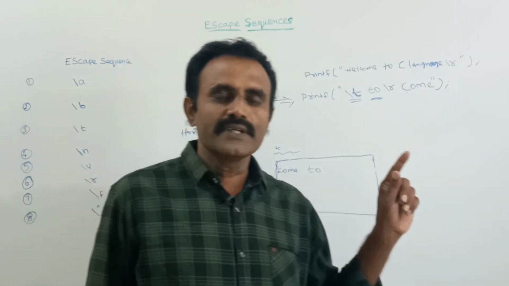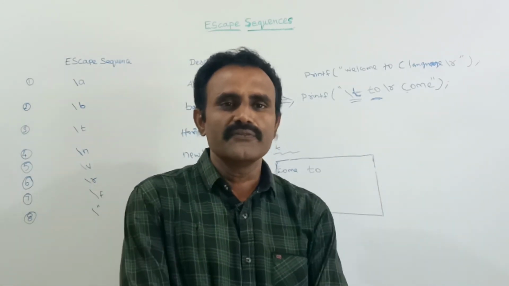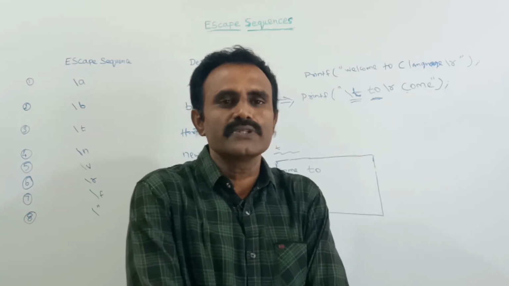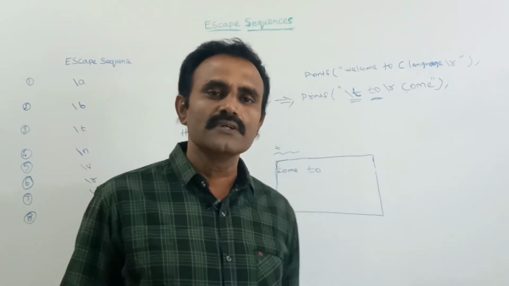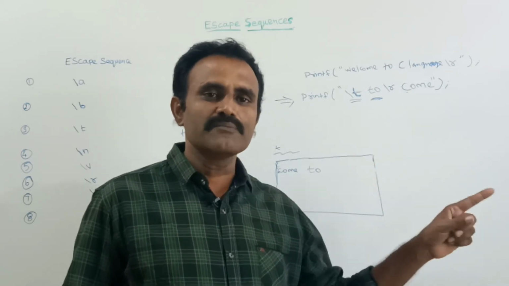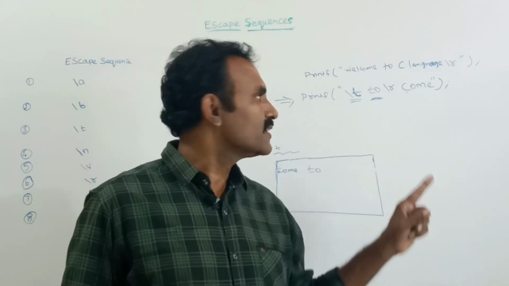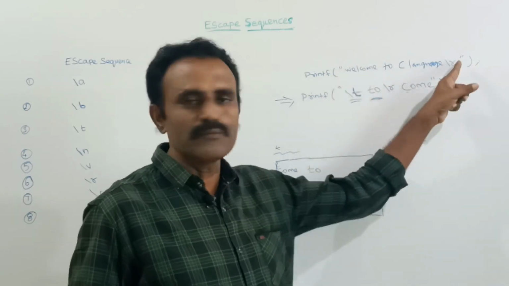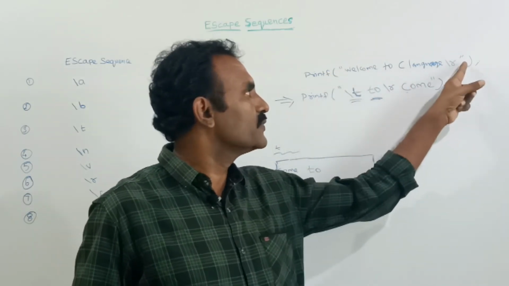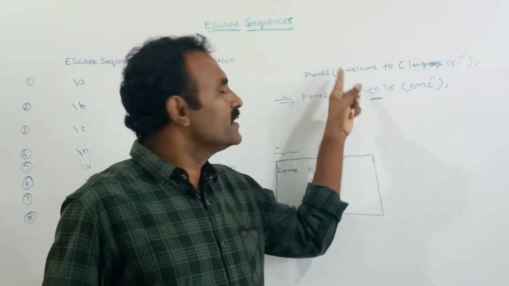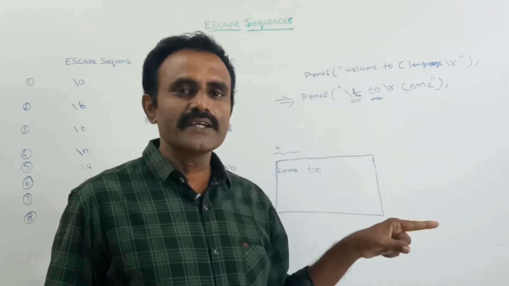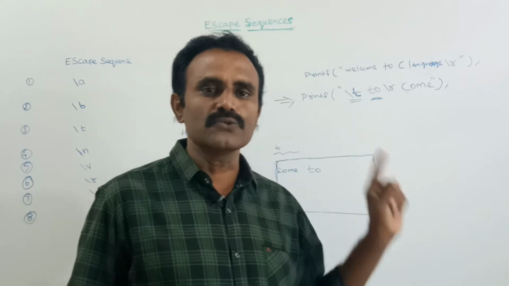In the printf function we have already seen we can use the format specifier, and for that also we use the double quotes. If you want to display a message or a string, for that also we use these double quotes. So these double quotes are used as syntax. Suppose we want to print the double quotes itself, in that case we should use slash double quotes.